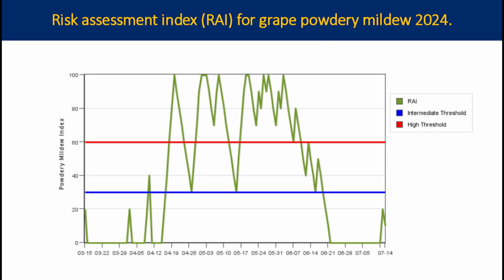When the risk index gets into the red line, that means the conditions are getting better for the disease. Be careful. Increase your intervals. If you have been applying once every 2 weeks, apply once a week. You can do that kind of management.